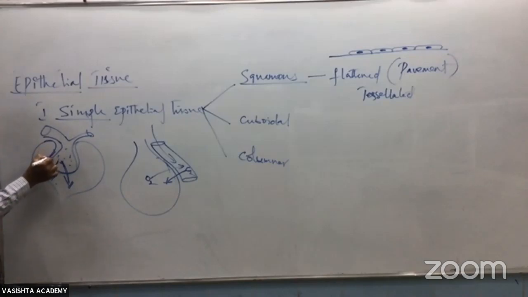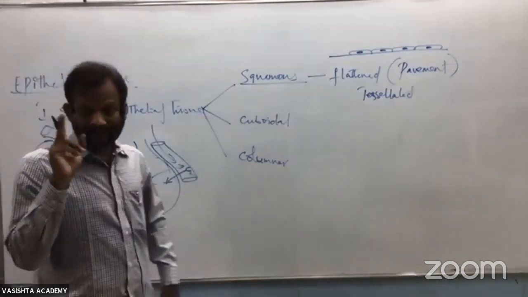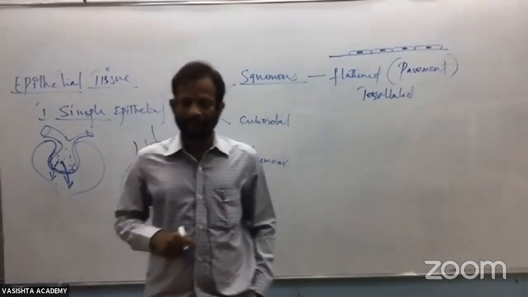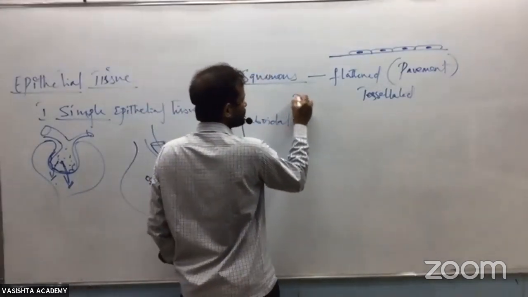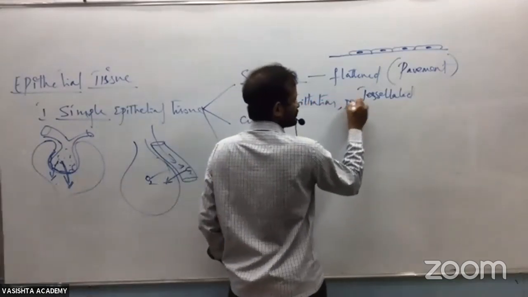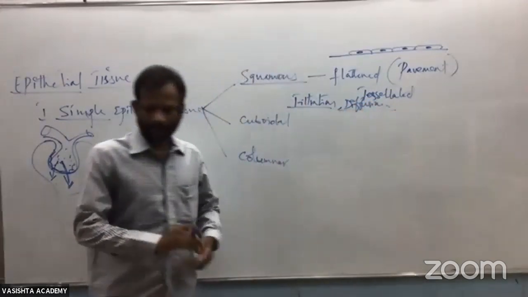So here the Bowman's capsule is also made of squamous epithelium. So what are the two important functions for this squamous epithelium? One is diffusion, another one is filtration. So up to here, I explained yesterday.